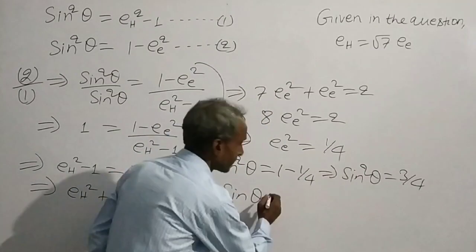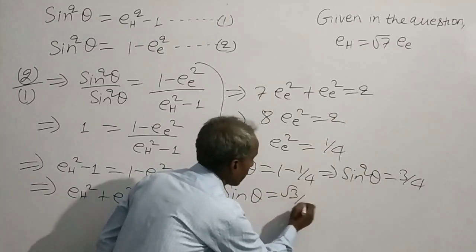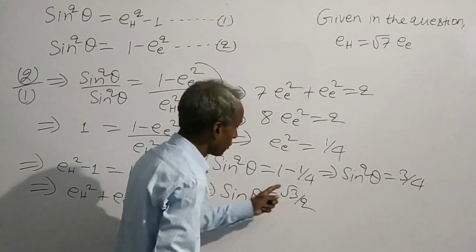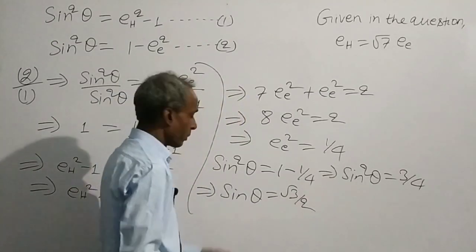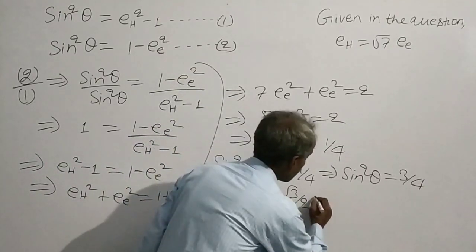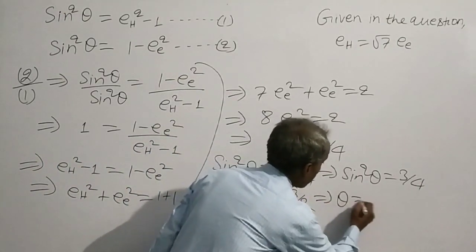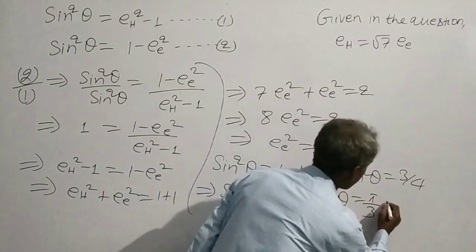At first we consider the positive value, root 3 by 2. Suppose we take the positive value root 3 by 2. Then the value of theta will be equal to pi by 3. Pi by 3 means 60 degrees.